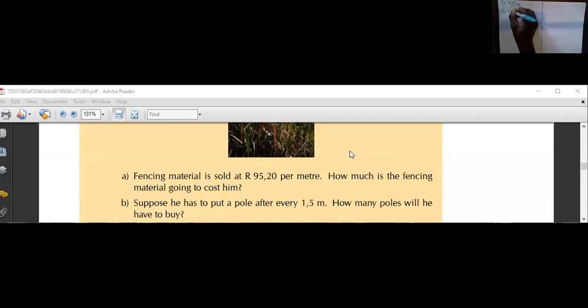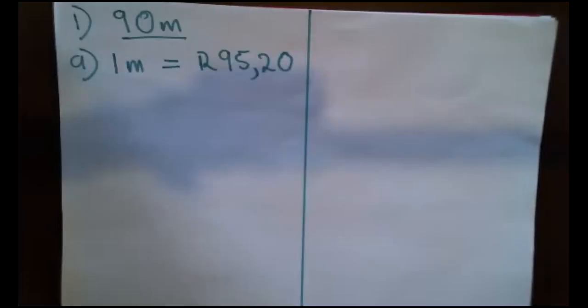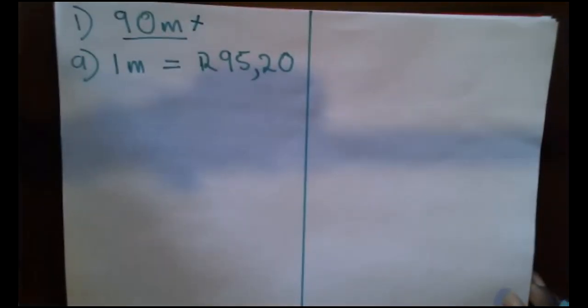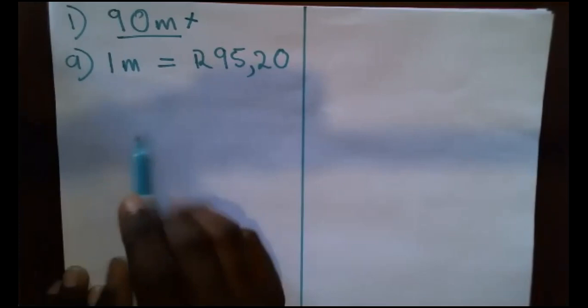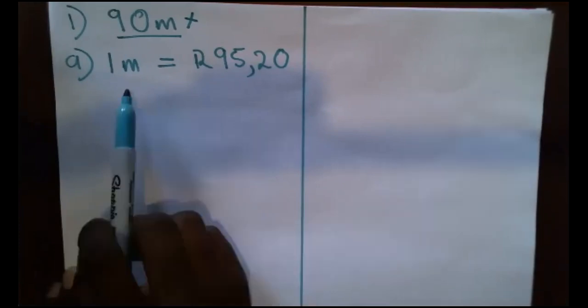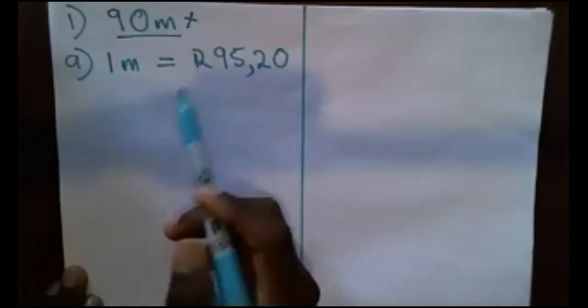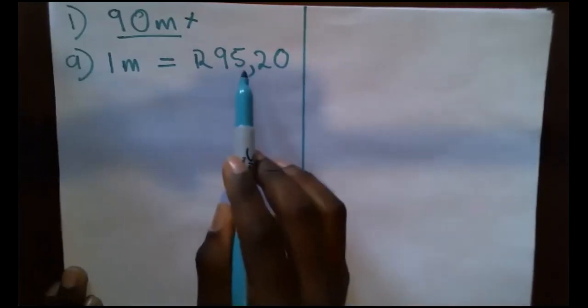So 1 meter is equal to 95.20. This is the information that we have. Let me show you the working. We need to figure out the amount for 90 meters of wire. What we do is make use of the information that we already have. The information we have is telling us that 1 meter is equal to 95.20.